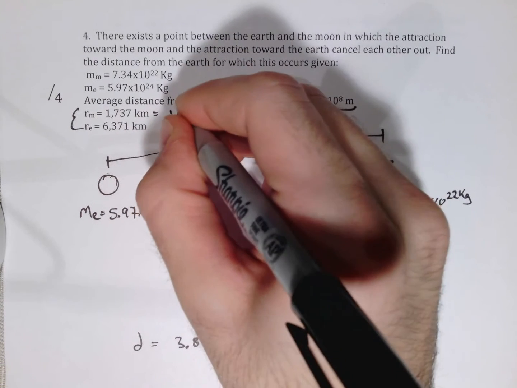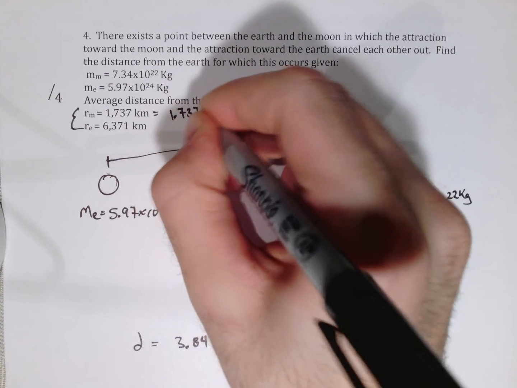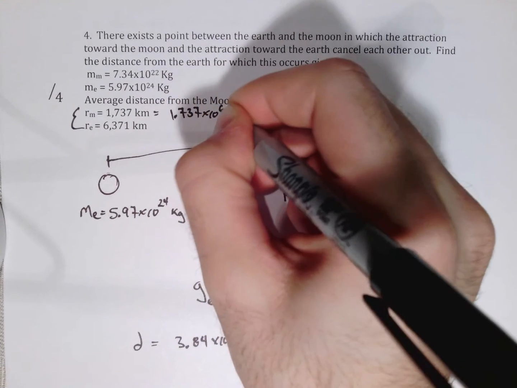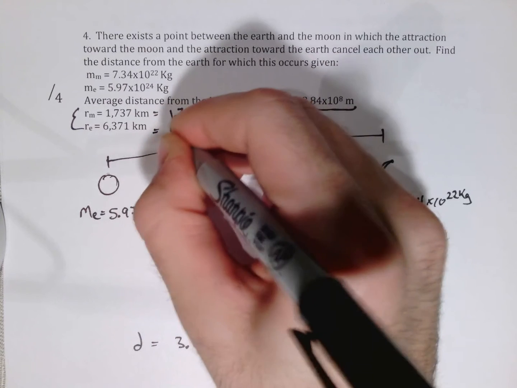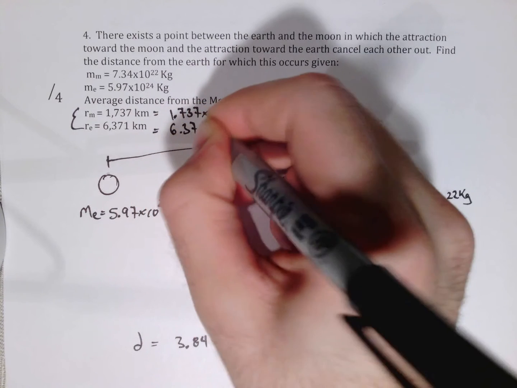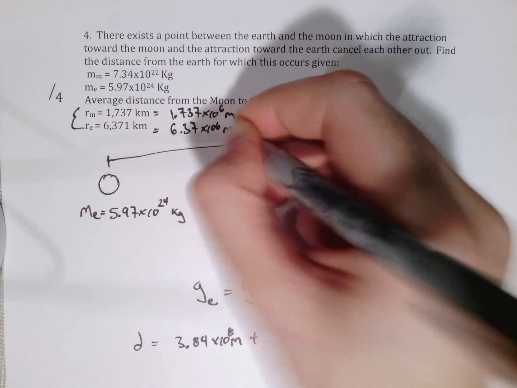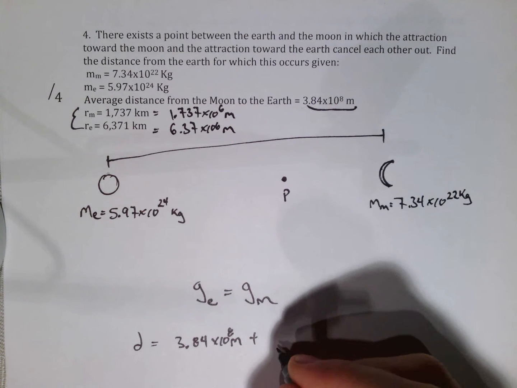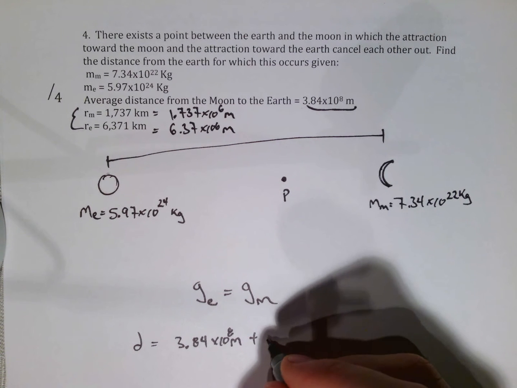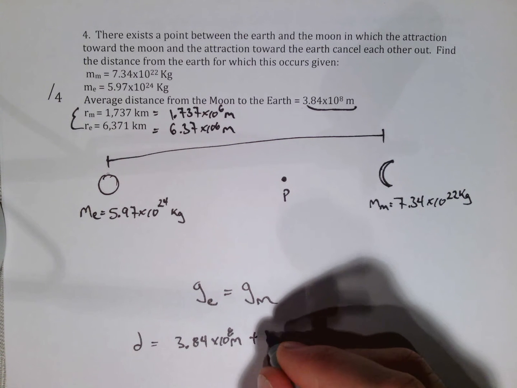This would be equal to 1.737 times 10 to the 6 meters, and this is equal to 6.37 times 10 to the 6 meters. So we have to add those in here to find the total separation between the center of the Earth and the center of the moon.